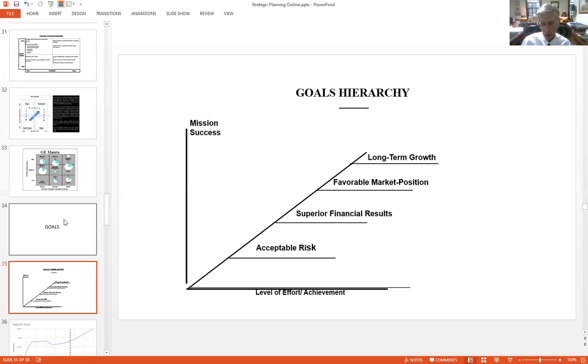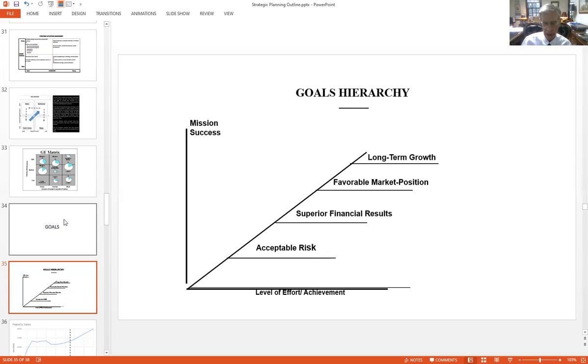But if your financial results are good, now you can try to capture that dominant market position and a high market share. What happens if, when you're doing that, you have a bad quarter, you slip, and your financial results get poor again? Then you have to drop back down to that lower level and stay at that level until your results are favorable again.